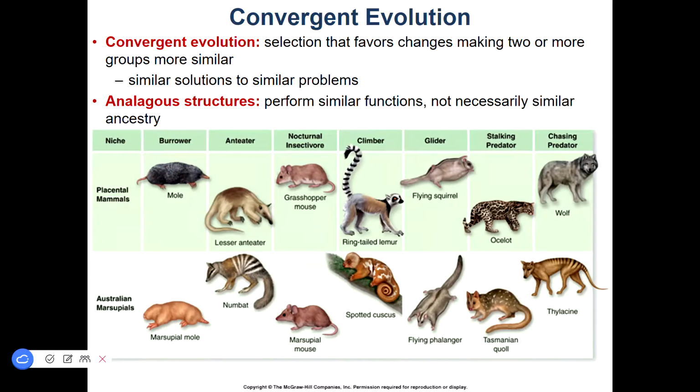They have long tails and grasping hands that help them climb through trees. So even though Madagascar is an island off the coast of Africa, and Australia is its own giant continental island, very far apart, because these organisms both want to inhabit similar habitats, over time they have developed similar characteristics or analogous structures.